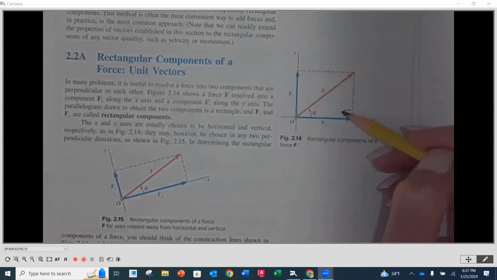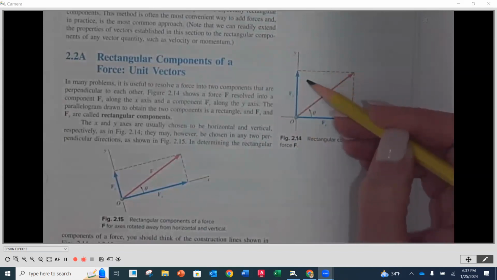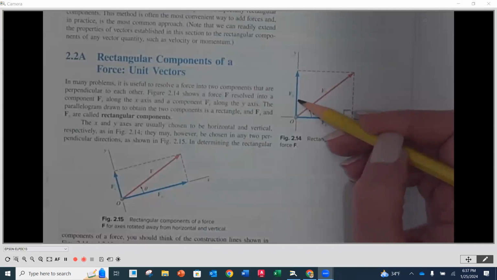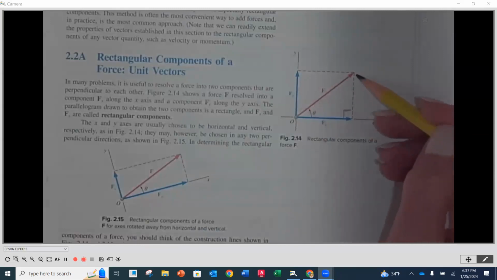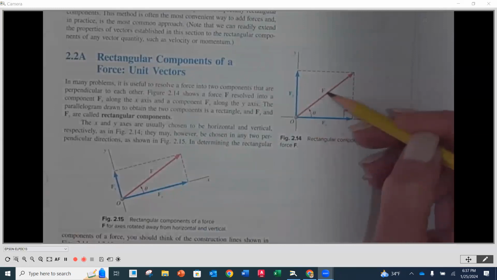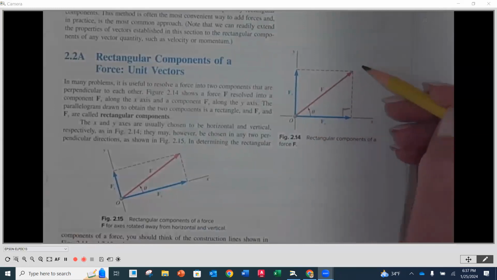With the 90 degrees, in this case, in the bottom right or in the upper left. Now, force Fy, its equivalent length is this side of this right triangle. So if we look at this as a right triangle, we have Fx, we have the hypotenuse of F, and this is an equivalent length here to determine what Fy is.